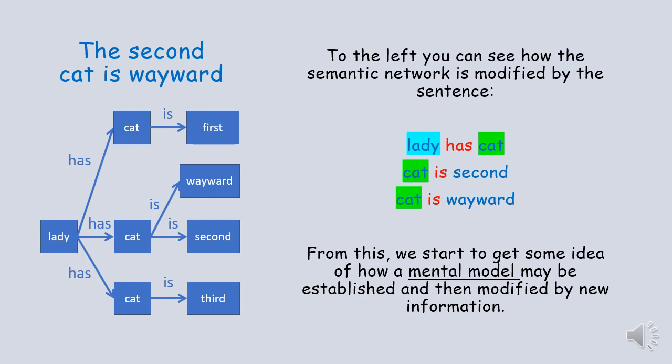So this second cat has been modified by the addition of a further node, wayward, linked to the second cat by the link is. From this network we can start to get some idea of how a mental model may be established based on a semantic network, and how this may then be modified as new information is received by the system.